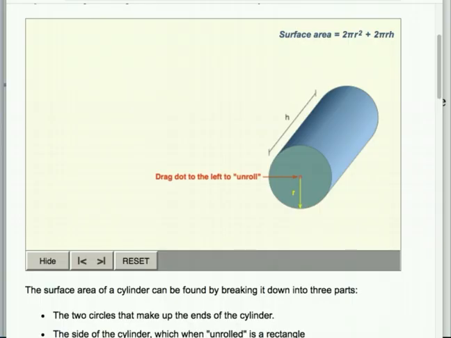Really quick, I want to show you one more explanation or visual of why your surface area formula for cylinders works. So look at this cylinder. If I keep in mind that surface area really means the area of the outsides, all added up, or you could think of it as how much wrapping paper it would take to cover the outside of a shape. Let's see what happens if we essentially unroll the wrapping paper covering this cylinder.